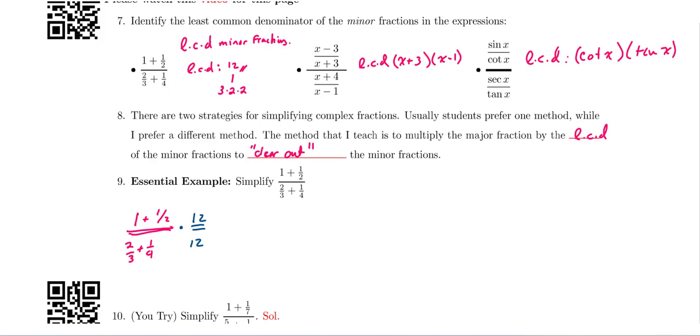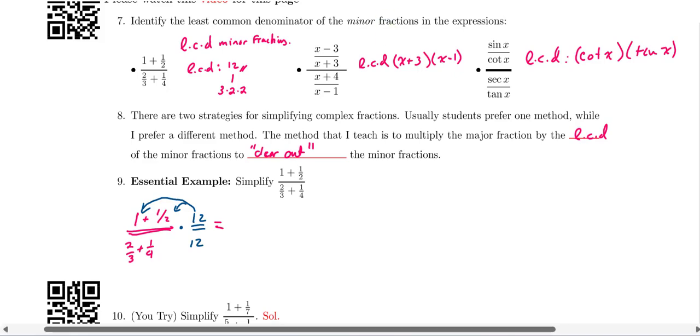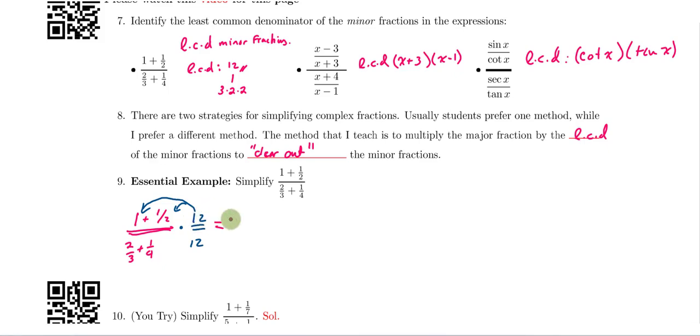Now, this first time through, I'm going to show all the work for what we do here. So I'm going to show the work of distributing this 12 to each of these terms and simplifying, but ordinarily you would skip this step. You would do this step in your head, and you know that it's going to work out nicely because you're using the LCD.